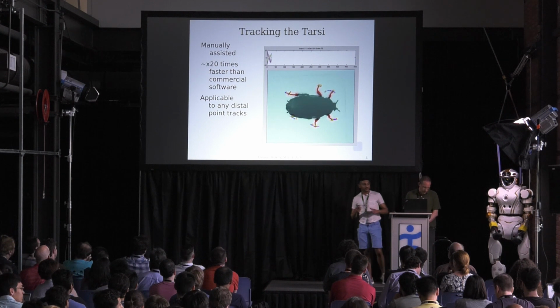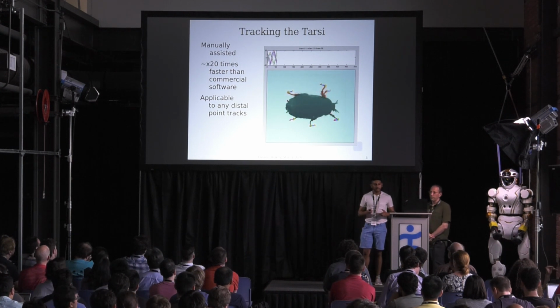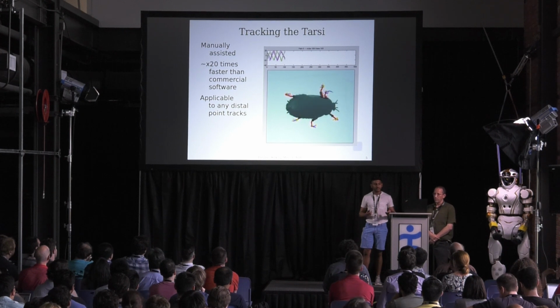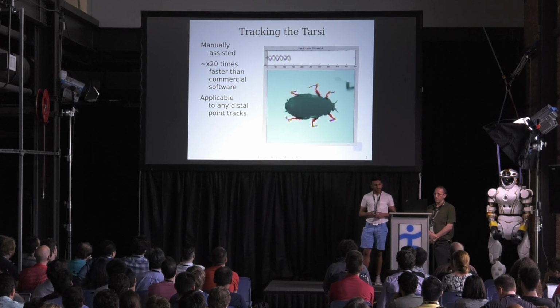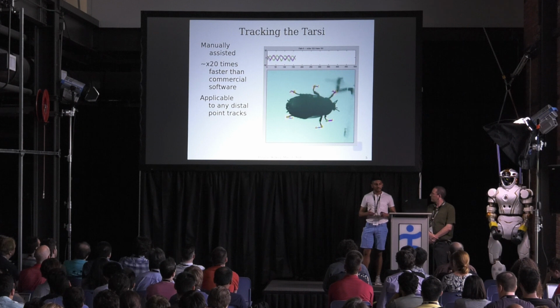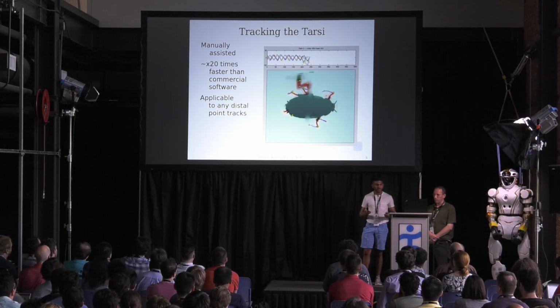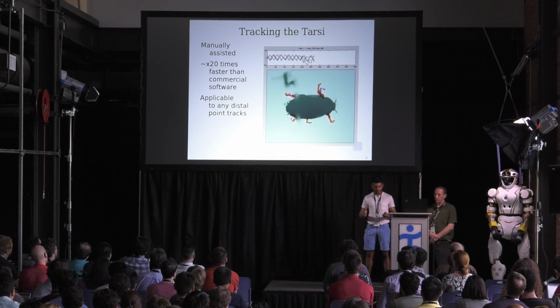So the work I did was looking at slipping in biological insects. We looked at a highly maneuverable insect, cockroaches, and investigated the slipping here. We used custom-made scripts from MATLAB, from our lab, and we found that these scripts were 20 times faster than commercial software, and they're able to capture the footholds of these cockroaches as they walk across this foam core surface that we constructed.